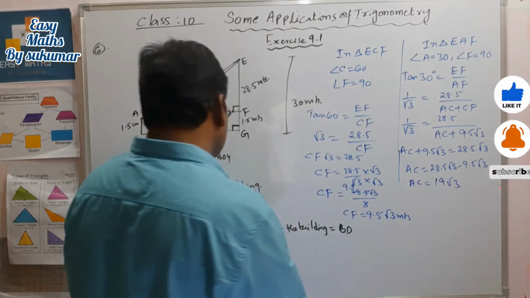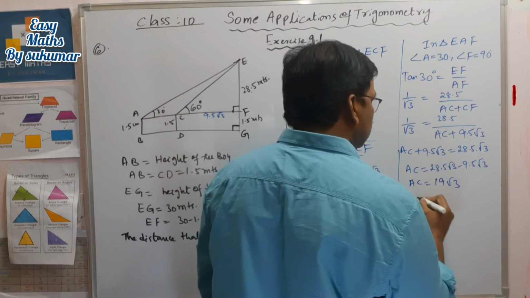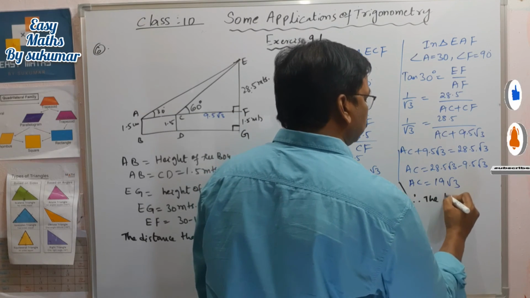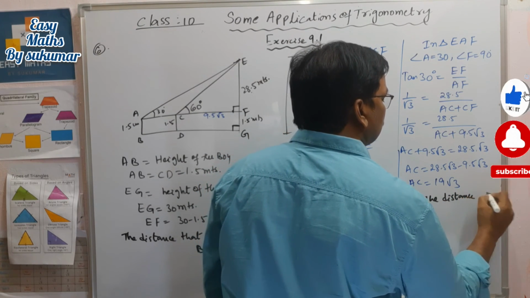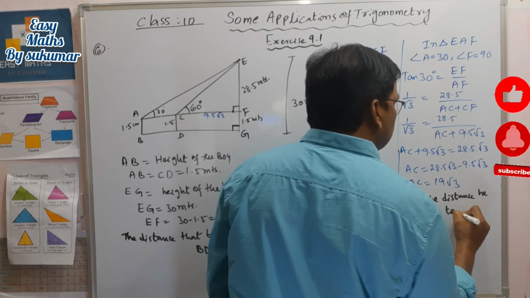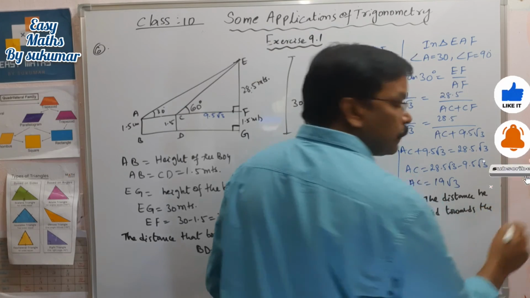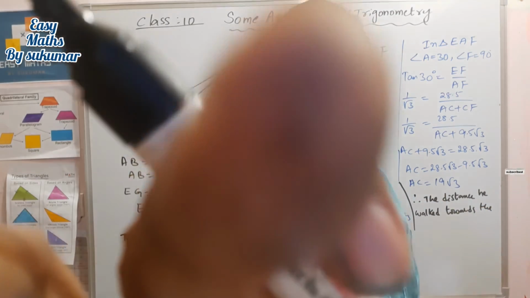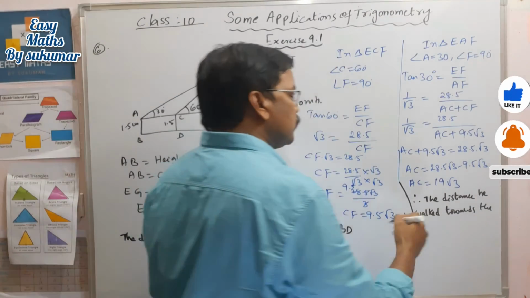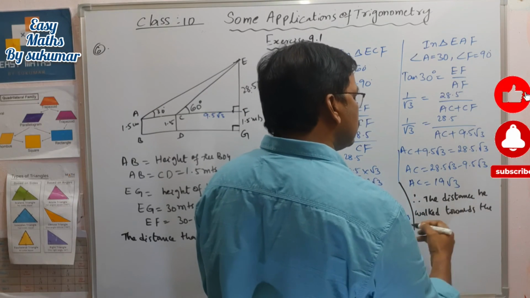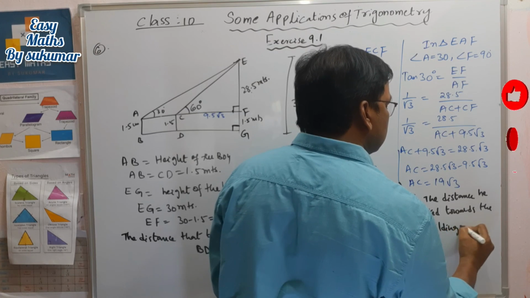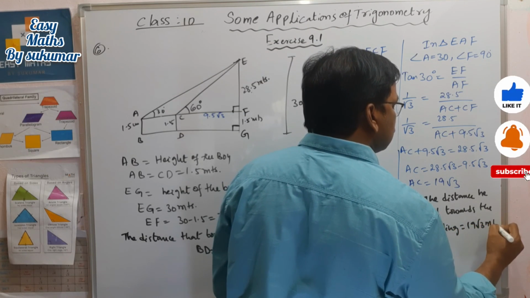Therefore, the distance he walked towards the building is equal to 19 root 3 meters.